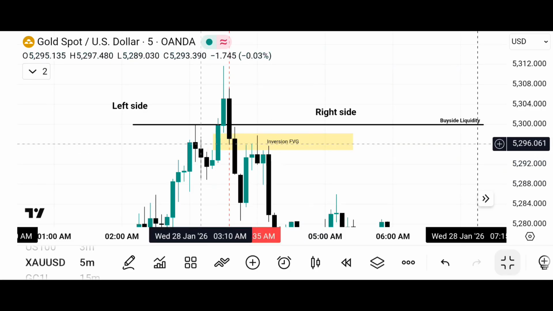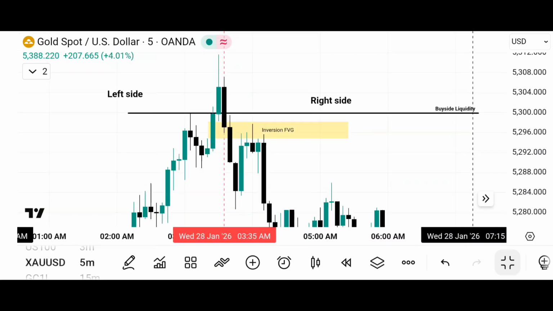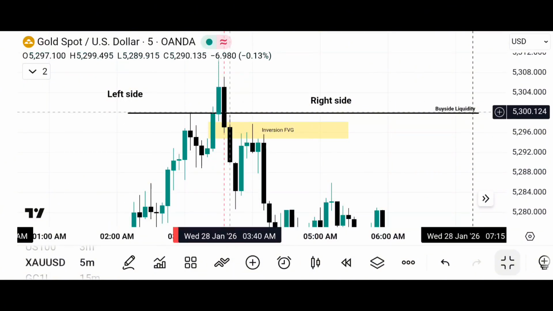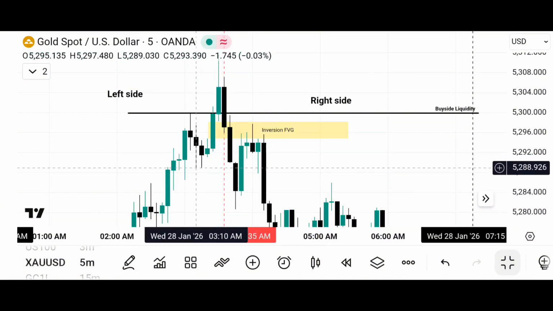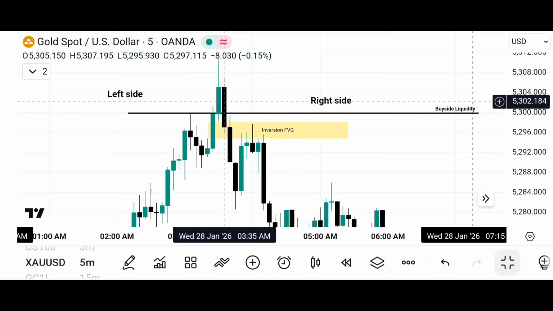So this is actually an order block, and you see how price makes use of it at the right side of the curve. Why price trades below the low of the order block, why price breaks the order block, this is a bullish order block.